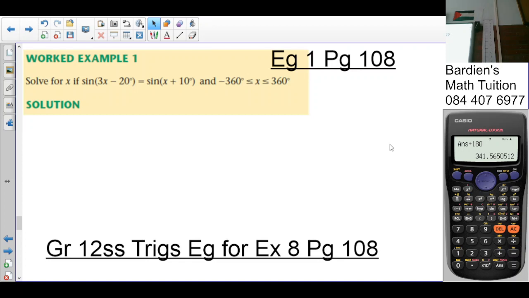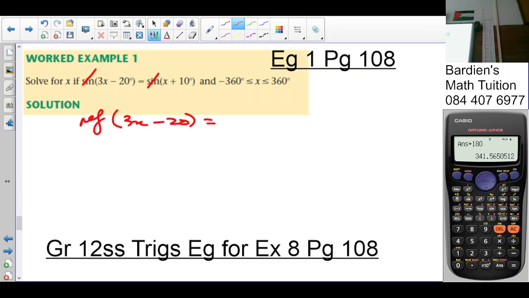We have sines on either side of the equal sign, and there's no number other than 1 as the coefficient of the ratio. In that case, we can drop the sines, the sine function, and then we'll get our reference: 3x minus 20 is equal to x plus 10.